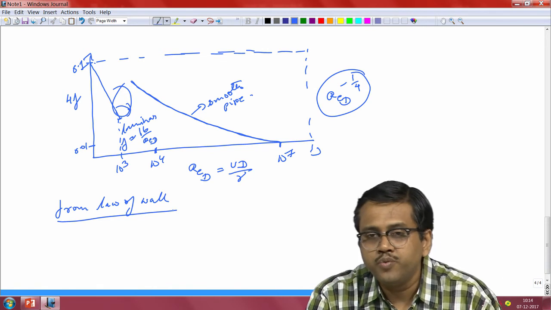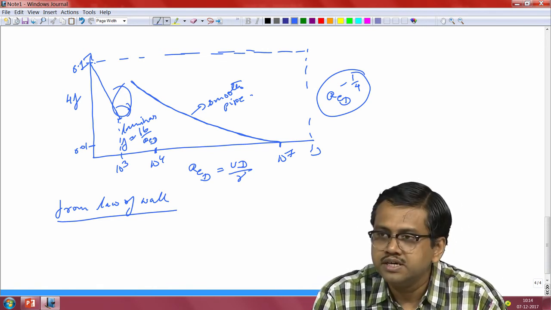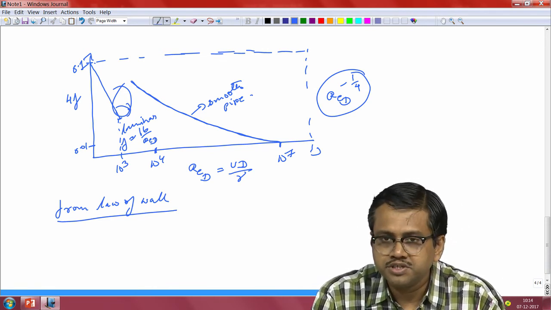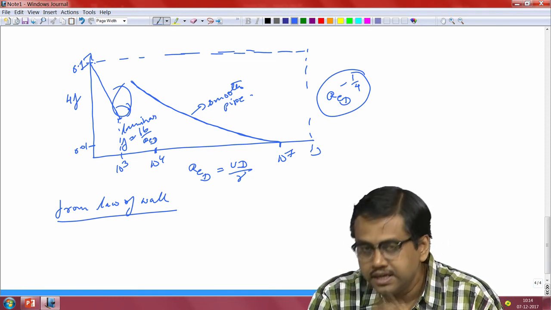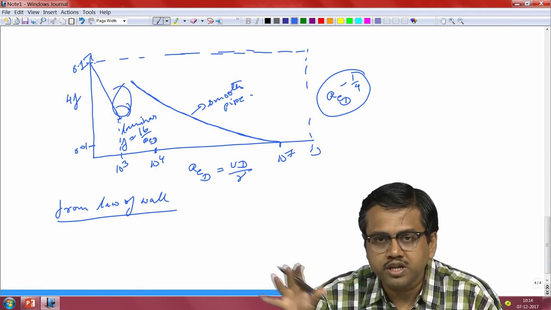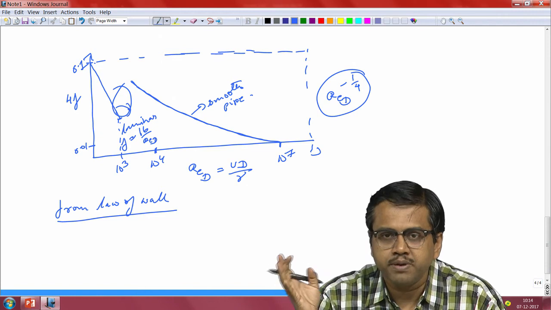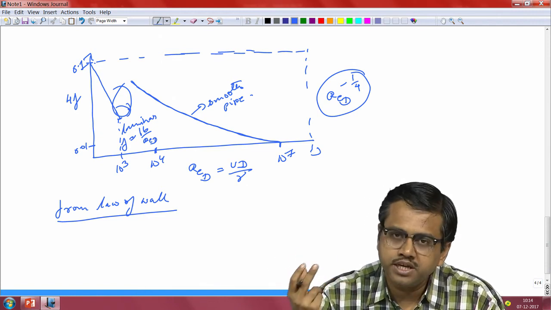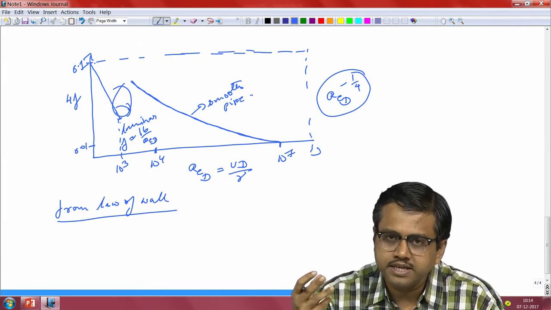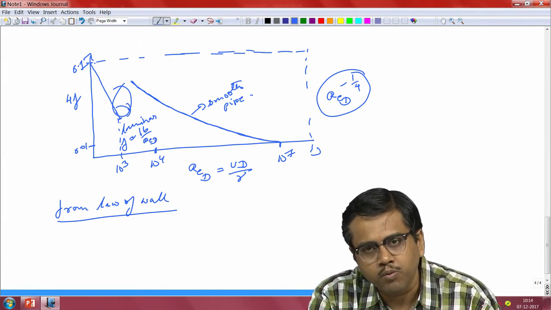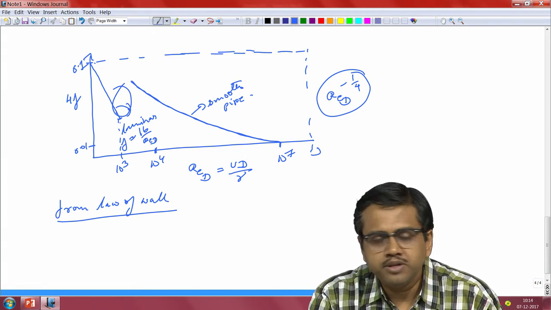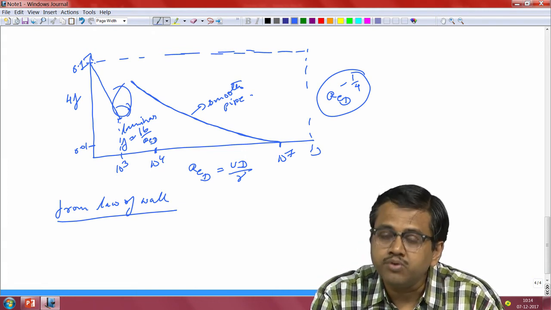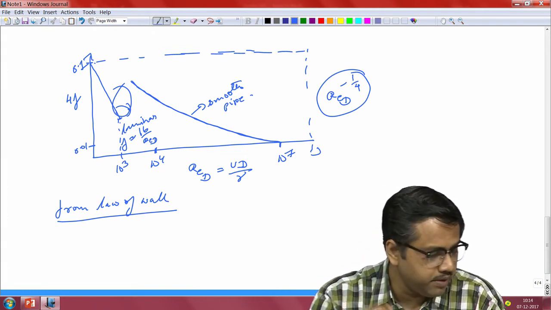Remember, there are two ways of finding the friction factor. In one case, we find the friction factor just by looking at the assumed velocity profile, which was what was done by Prandtl. The alternative is to get the same friction factor relationship from the law of the wall. We did the same thing in our external boundary layer.